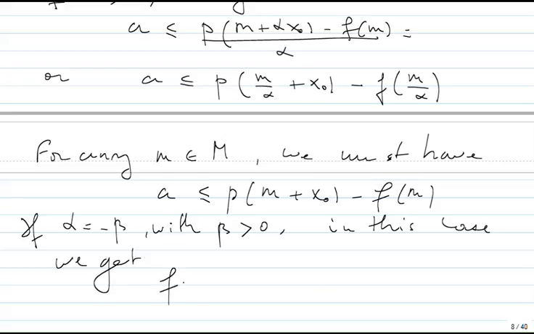So here, f of m minus P of m minus x0 is less or equal to A. Great.